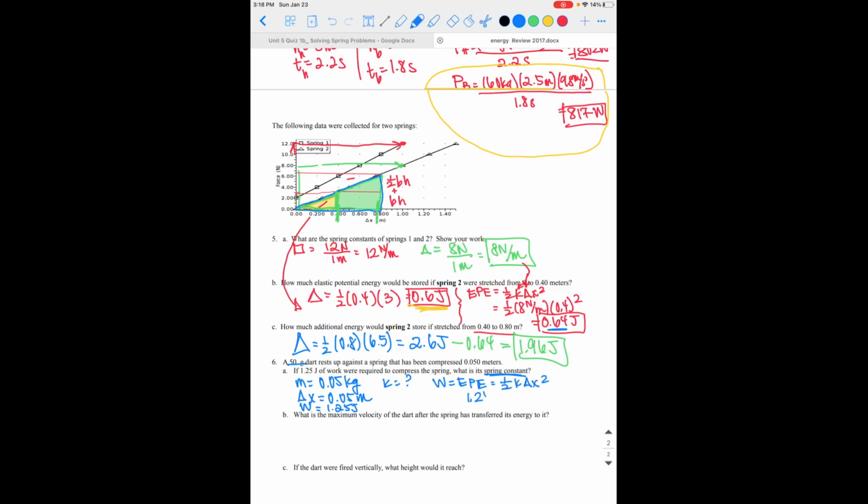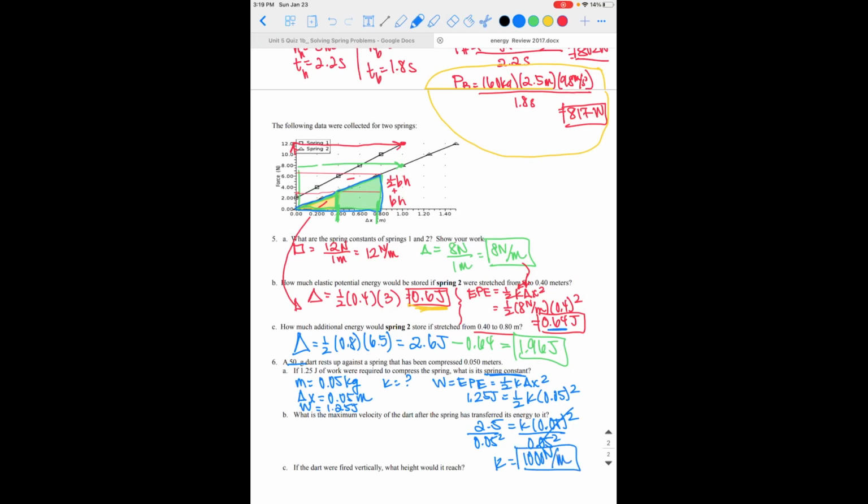So we get 1.25 joules is equal to 1/2 K times 0.05 squared. And I'm going to multiply the 2 to the other side. I end up with 2.5. And then I'm going to divide by the 0.05 squared. That cancels that out. And I get 1,000 newtons per meter.